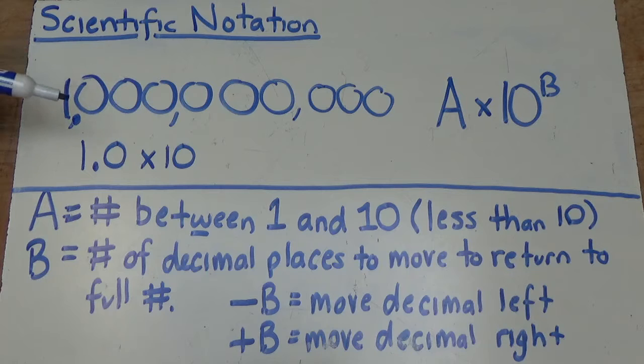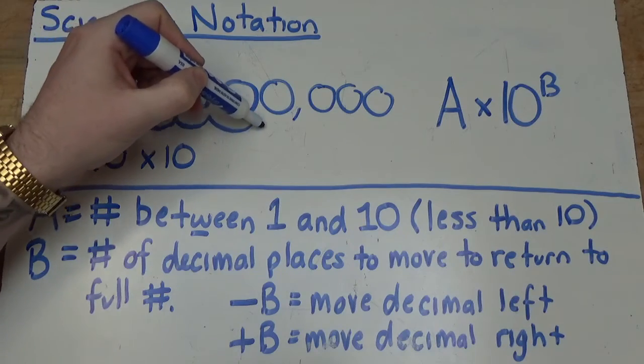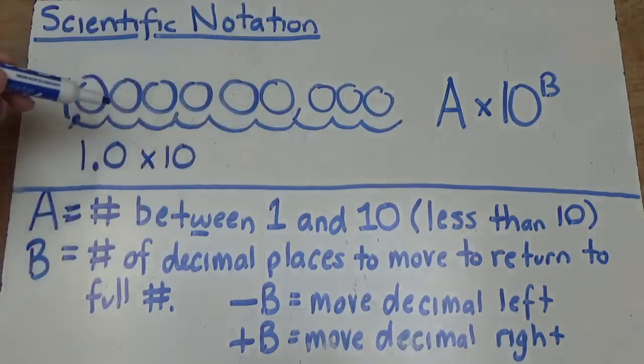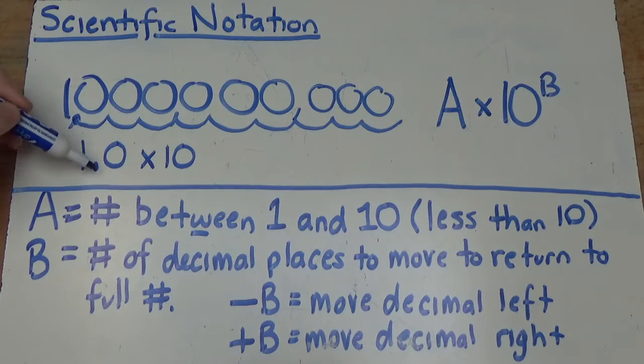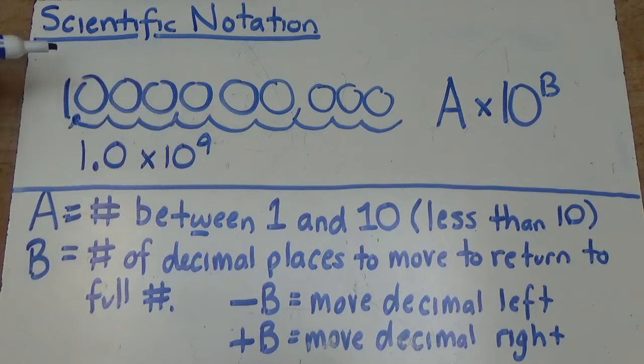So let's think. If I start here, 1, 2, 3, 4, 5, 6, 7, 8, 9. So 1 billion in scientific notation would be 1.0 times 10 to the positive 9.